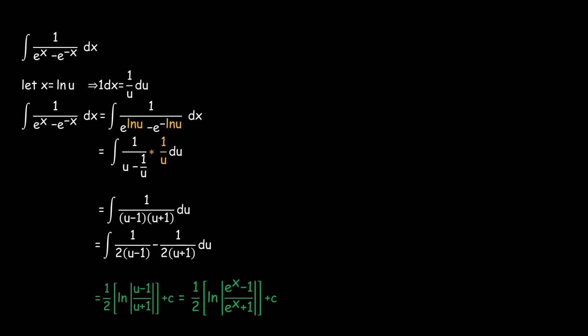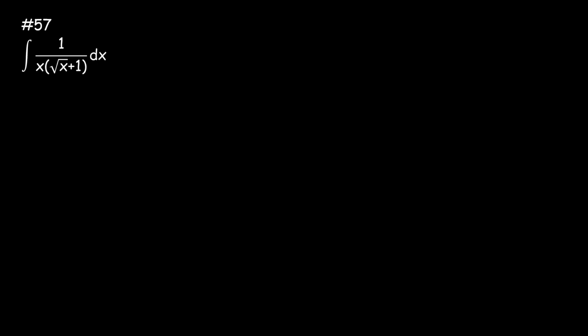There we go. Question 57, we have 1 over x times the square root of x plus 1. Okay, the square root of x is actually just x to the power half, right? So if we let u squared be equal to x, again, differentiate that value, you have 2u du equal to 1 dx.